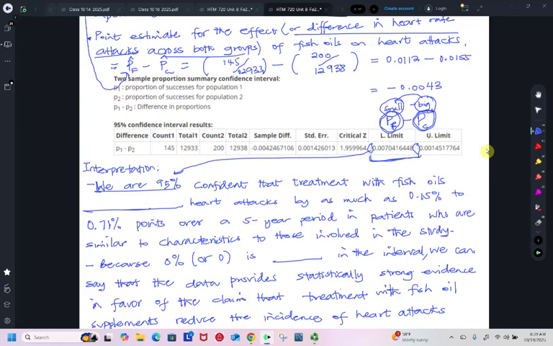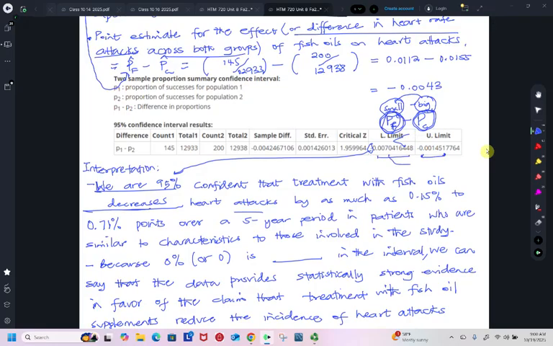So that means that treatment with fish oil brings down the proportion of heart attacks from those in the control group to those in the fish oil group. So we're 95% confident that treatment with fish oils decreases heart attacks by as much as 15%. And where did I get the 15%? That is this value right here.